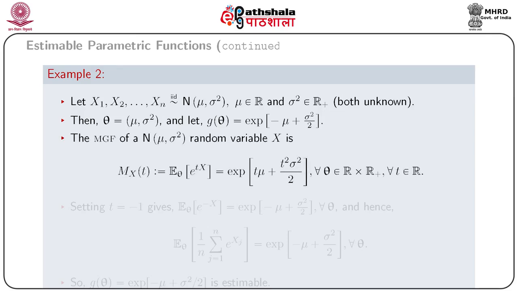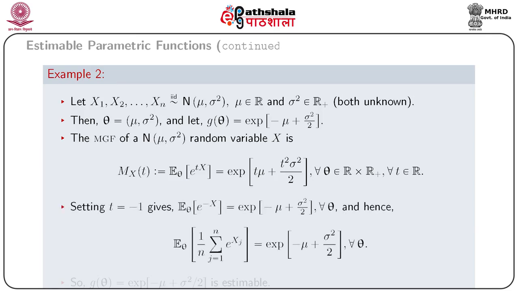From the MGF of the normal distribution, we get expectation of e to the power tX equals e to the power t mu plus half t square sigma square for all theta and for all t. Setting t equals minus 1, we get expectation of e to the power minus X equals e to the power minus mu plus sigma square by 2, that is g theta, for all theta.